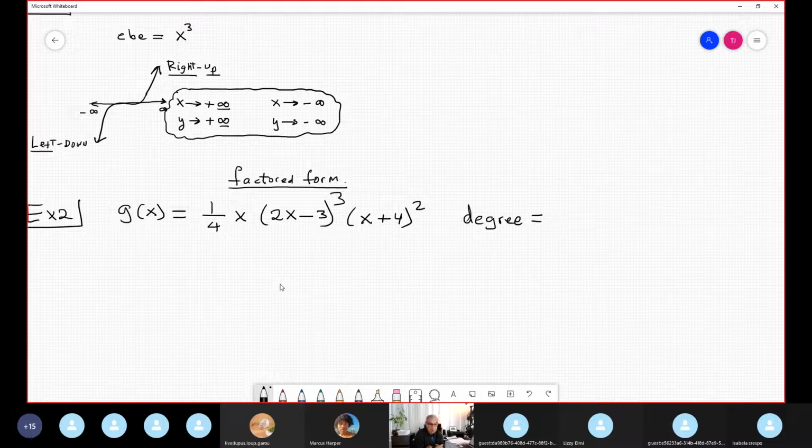Remember, what is the definition of degree? Degree is when you write the polynomial, you take the higher exponent, no? Pero when you expand, not in factored form. Entonces, that is the reason it's confusing, no? Do you see what's the degree? Let me change the question a little bit.